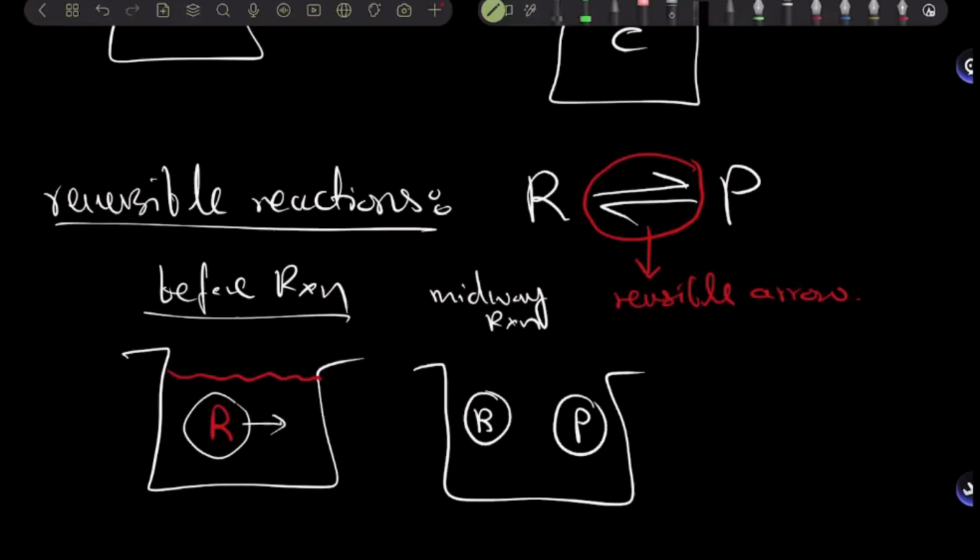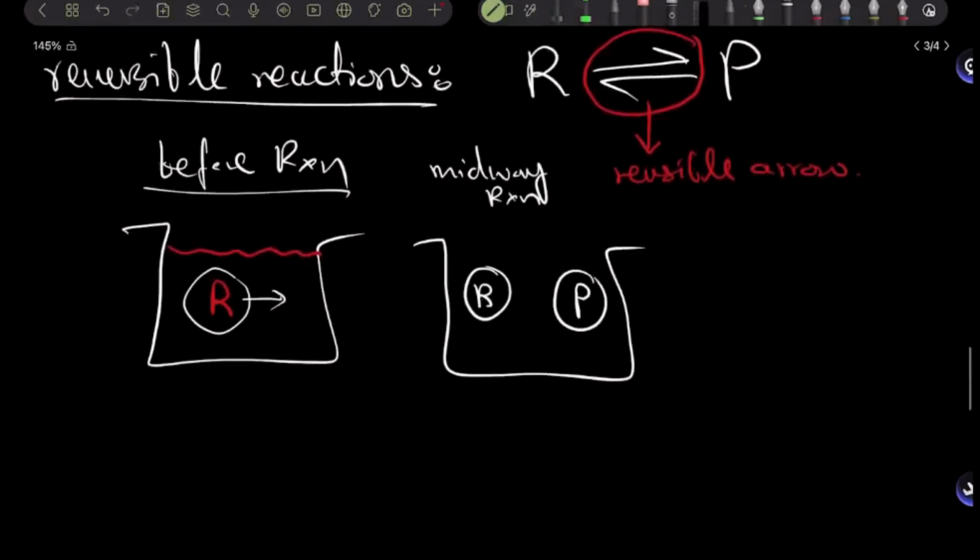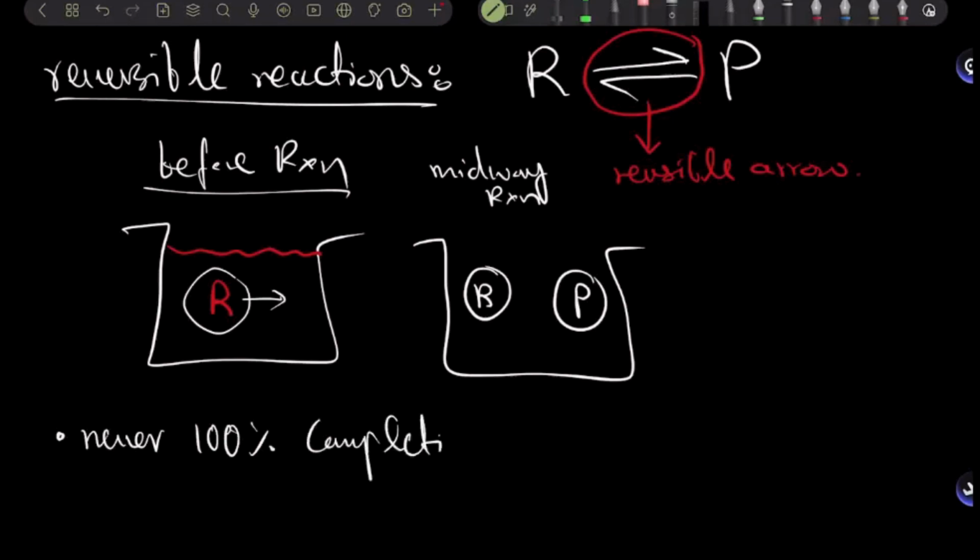But since not all of the reactant will convert into product, this reaction is never 100% completed. So this is the first very important point. A reversible reaction never completes or never goes up to completion. All right.